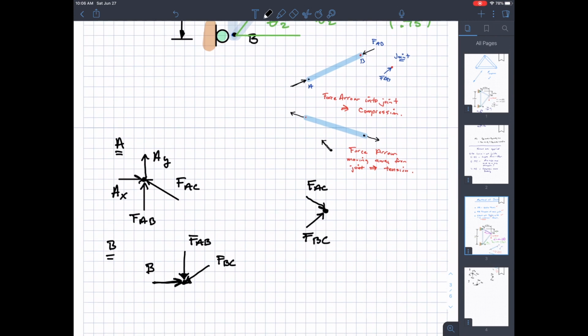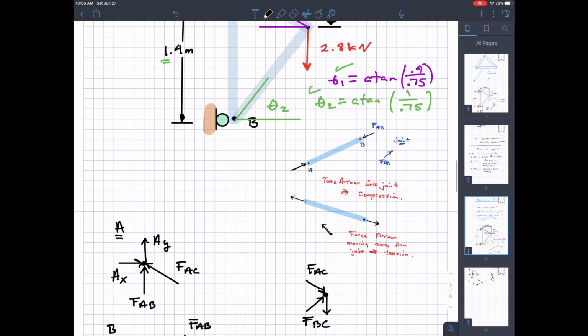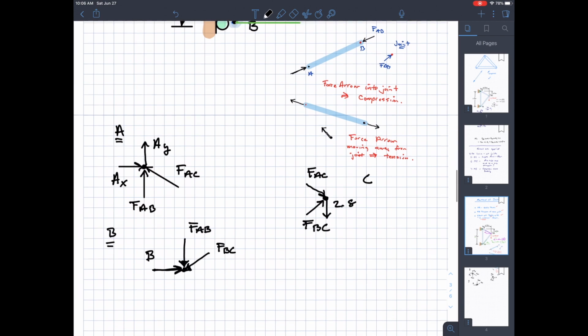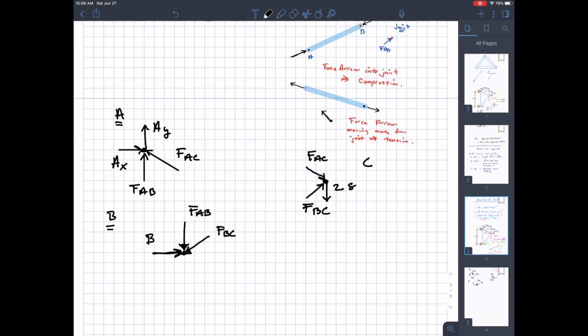And then I have the load, the 2.8 kilonewtons moving down. At joint C, I'm feeling a little optimistic now, because 2.8 is a known force. I don't know FBC and I don't know FAC. So that was the hint I was telling you at the beginning. This would be a good starting place if I was going to try to solve this problem.